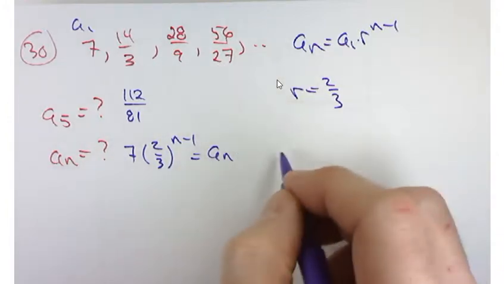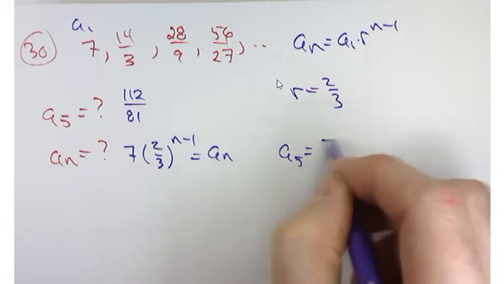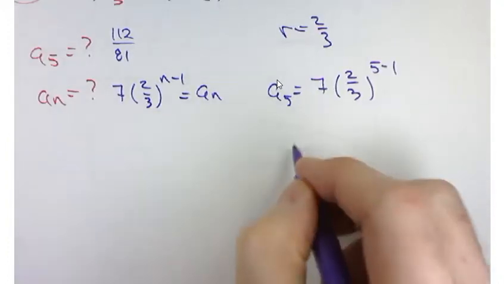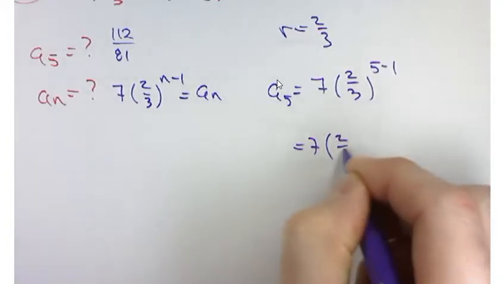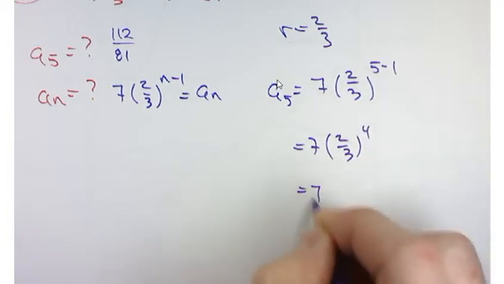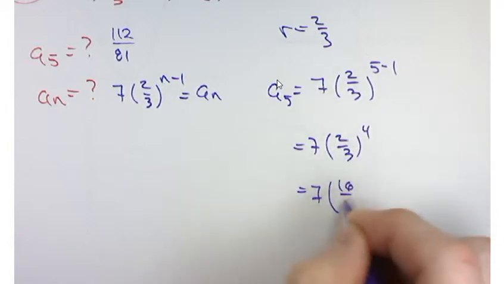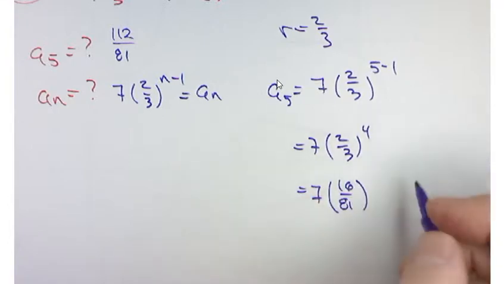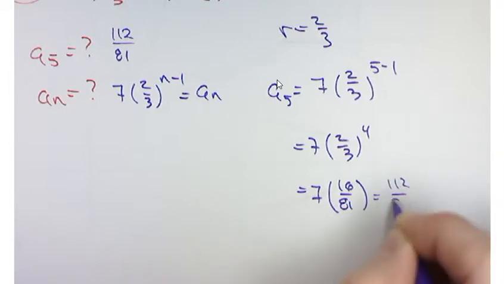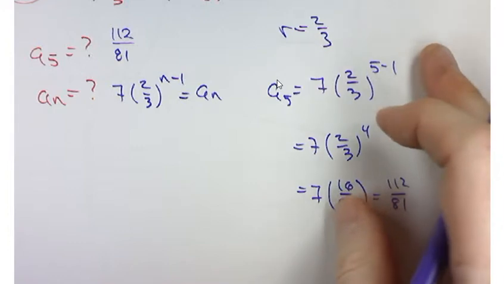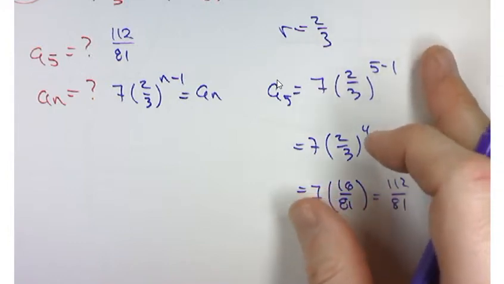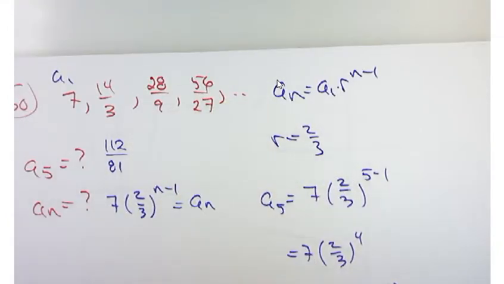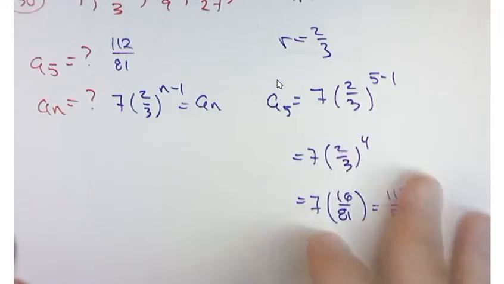If I needed to, though, I could say a sub 5 is 7 times 2/3 to the 5 minus 1, and that'd be 7 times 2/3 to the 4th power, which is 16 over 81, and 7 times 16 would be 112 over 81. So yeah, you could use it or not. It's up to you what you find most convenient. I just found it easier to multiply by 2/3, but for some of these problems, obviously, that'd be a pain. So it's nice to be able to do both.